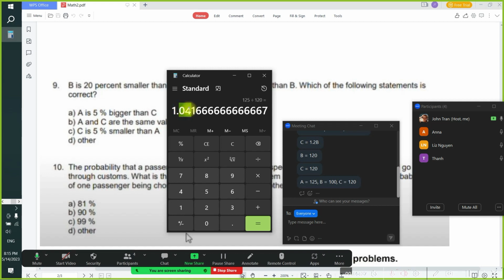This is a percent bigger, right? Cái chỗ này là cái phần trăm lớn hơn nè. This will be about 4.17% bigger, isn't it? Nó lớn hơn có 4.17% thôi, chứ không phải 5%. It's not 5%, but it's 4.17% something, right? Do you agree with me?